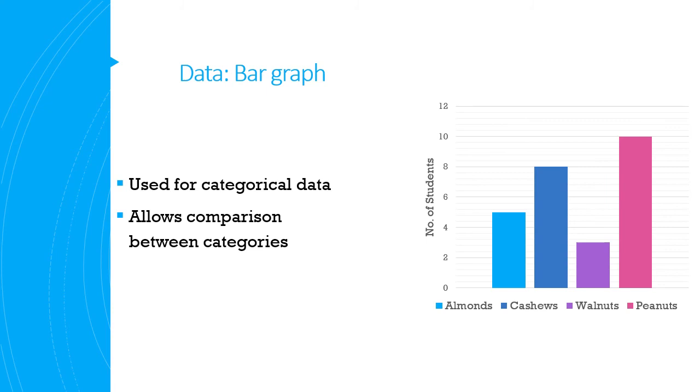We could have put walnuts first, and it wouldn't make a difference for what we're trying to show. With a bar graph, we can easily compare the sizes of the different categories. We can see at a glance that peanuts are the most popular and walnuts are the least popular. And it's much easier to do this with a picture than reading some list of numbers. So that's why we use graphs.